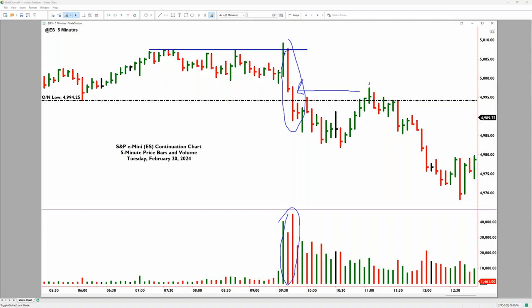We've got supply in the background and we're at resistance. So price falls below the overnight low and closes poorly. This is not a bullish indication at all. And in fact, it's a good spot to go short. We can initiate a short trade here, stop above the recent highs.